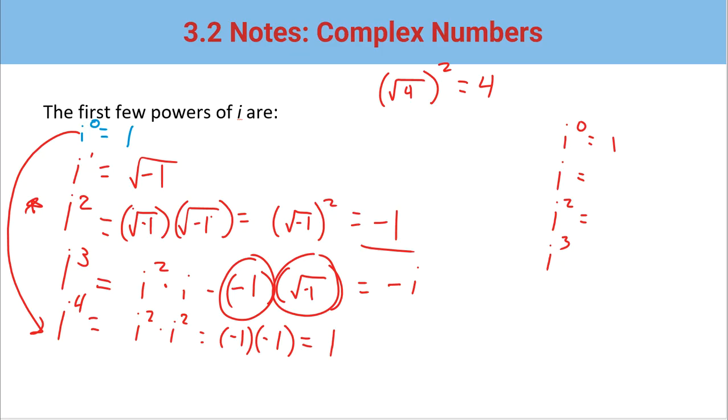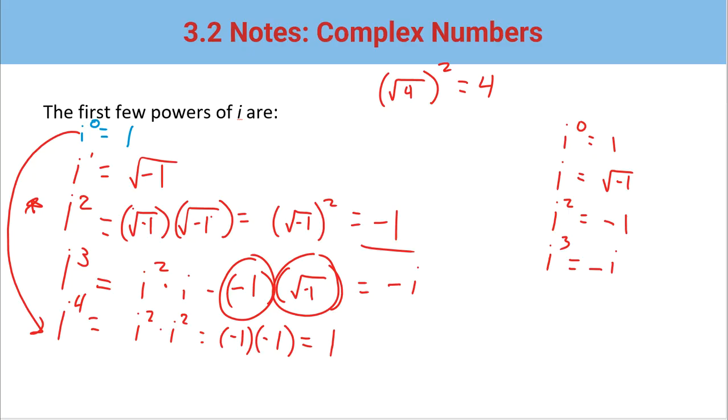Okay, so this is equal to 1. This is equal to square root of negative 1. This is equal to negative 1. This is equal to negative i, right? And then i to the 4th is where it starts to repeat again.